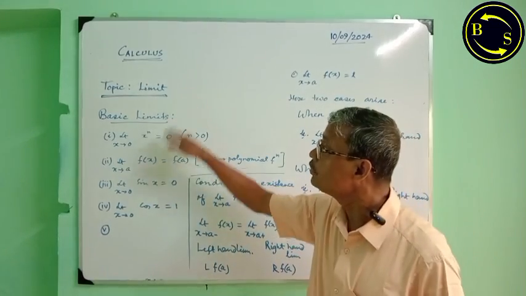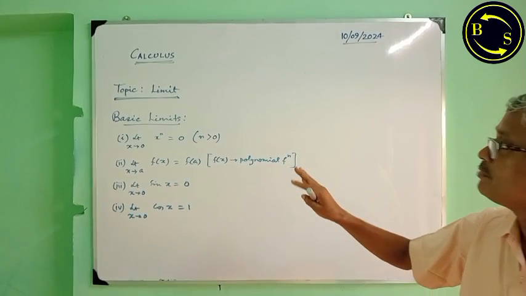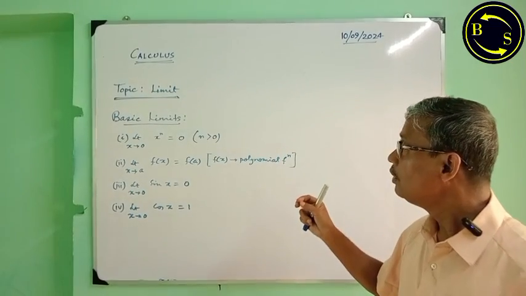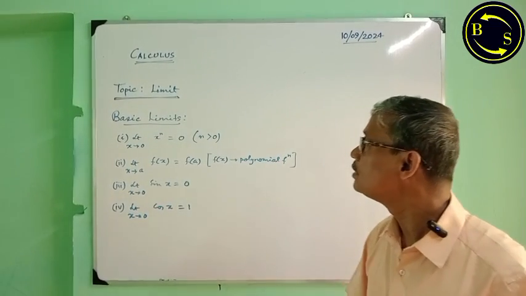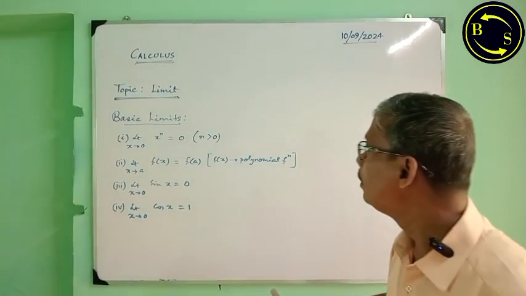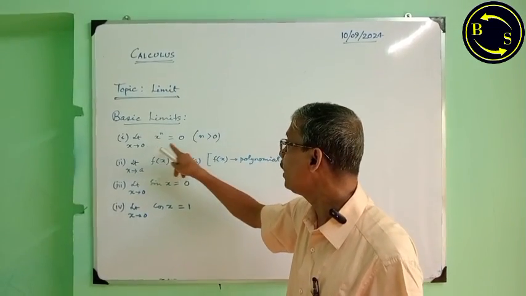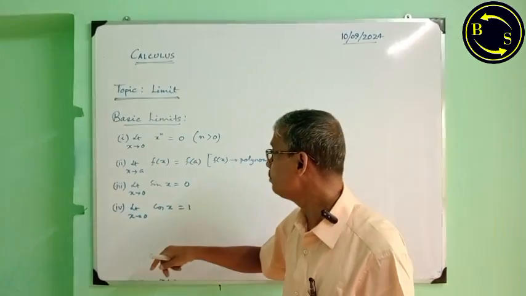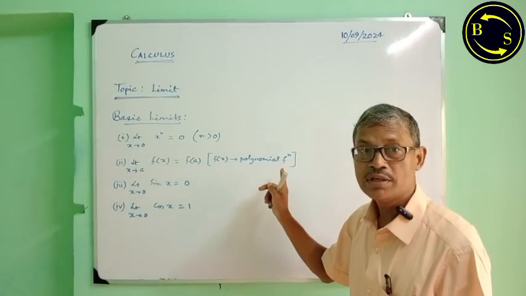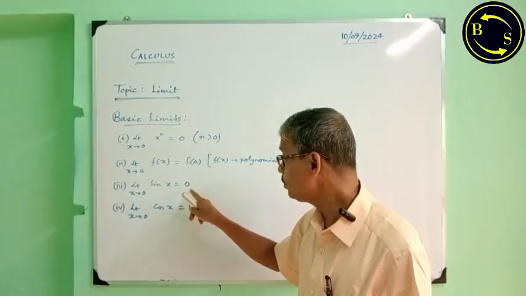Next we come to basic limits. Now we are going to discuss basic limits. That means the values of each of these limits can be obtained from our previous knowledge. Limit x tends to 0, x to the power n equal to 0, where n is a positive number. Limit x tends to a fx equal to fa, where fx is a polynomial. Then limit x tends to 0, sin x equal to 0.